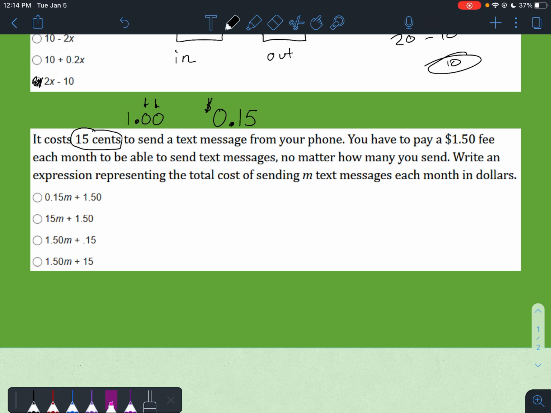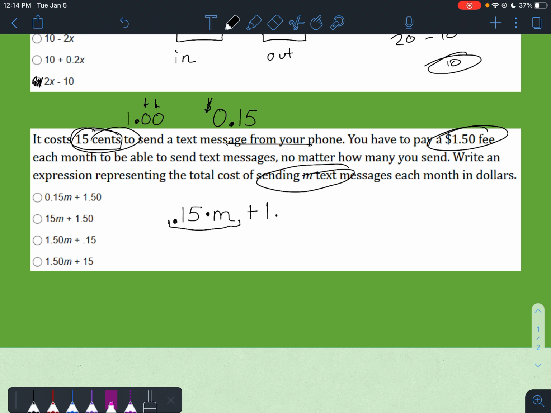Now, it's 15 cents per text message, and we're sending M. So it's going to be that 0.15, because that's the 15 cents, times the number of text messages. Now, in addition to the 15 cents per text message, we need to add the flat rate of $1.50.